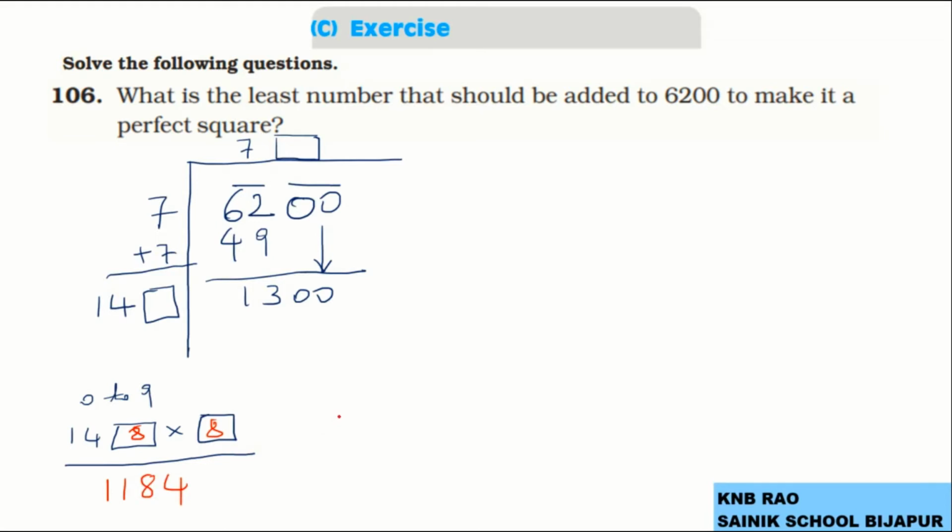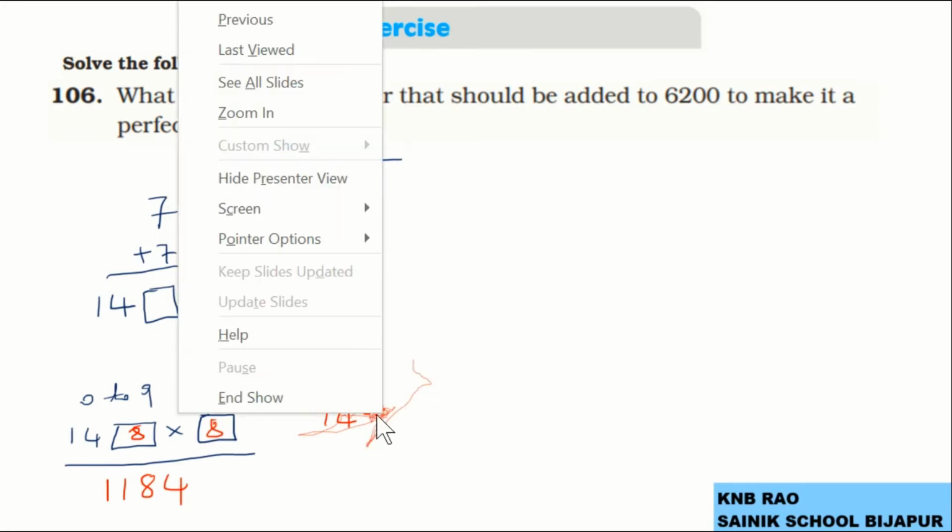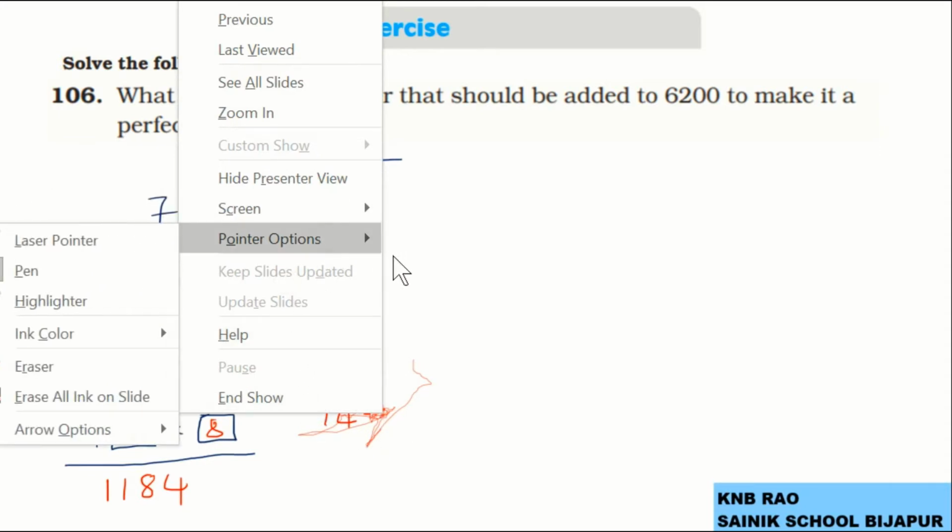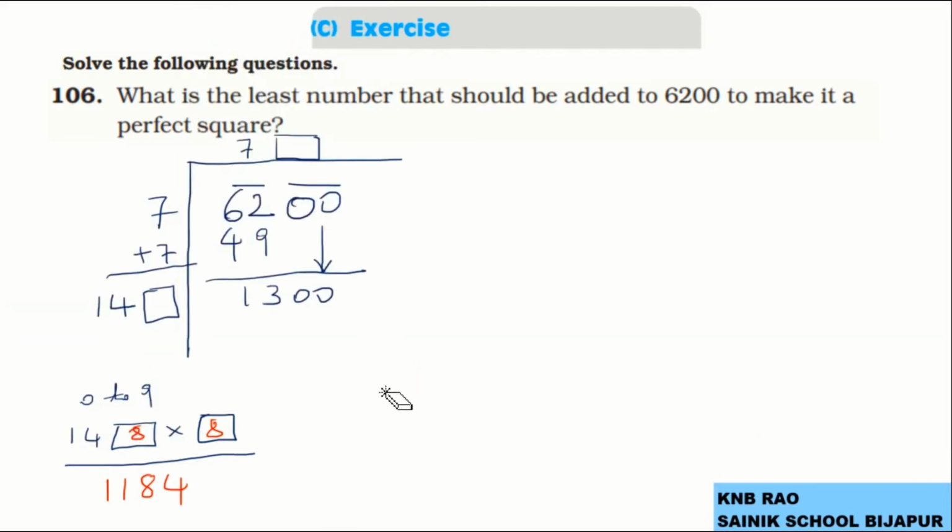Next, another option will be taking 149 into 9, which is 1341.